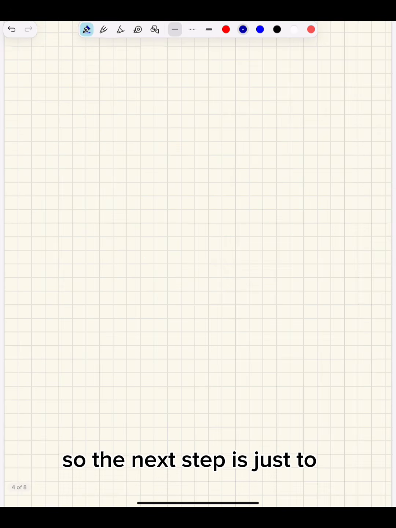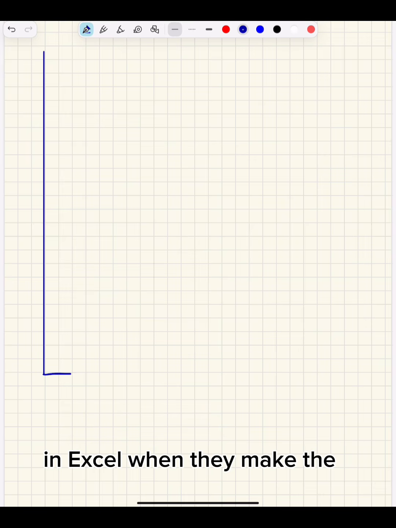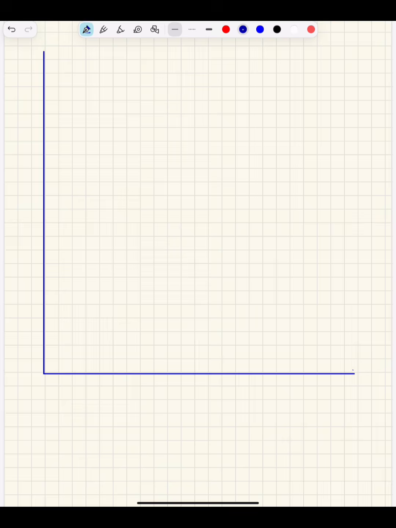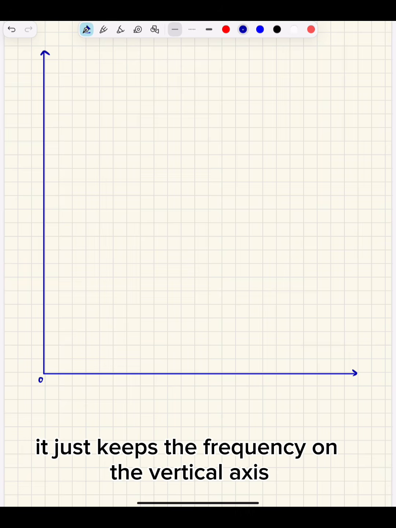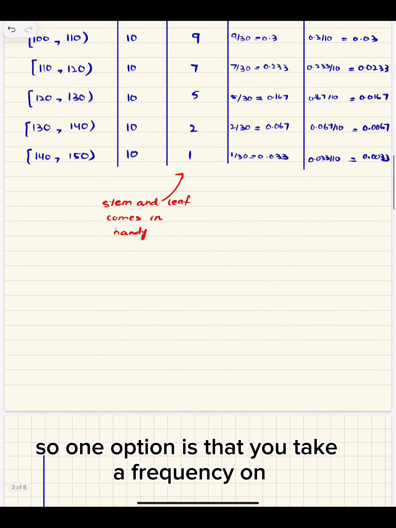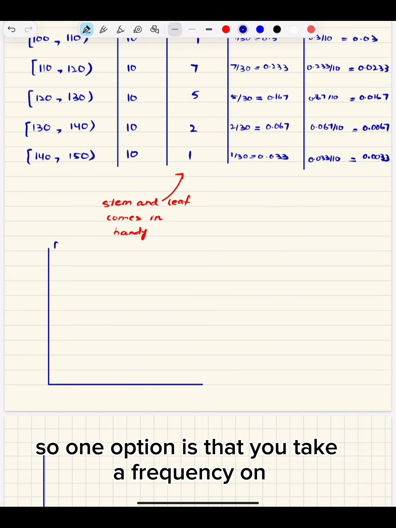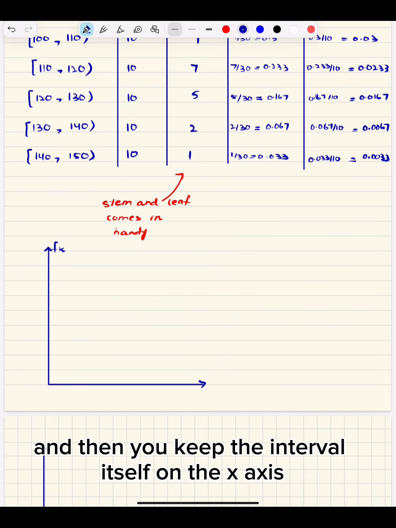So the next step is just to have the density. Actually, in Excel, when the software makes the histogram, it just keeps the frequency on the vertical axis. So one option is that you take the frequency of each interval on the vertical axis, and then you keep the interval itself on the x-axis.